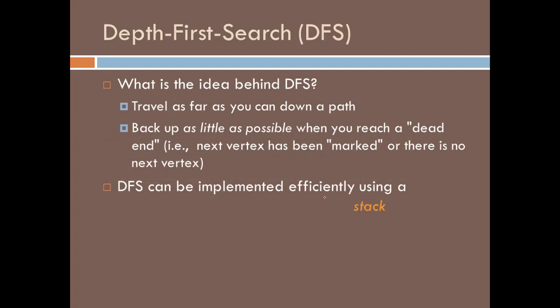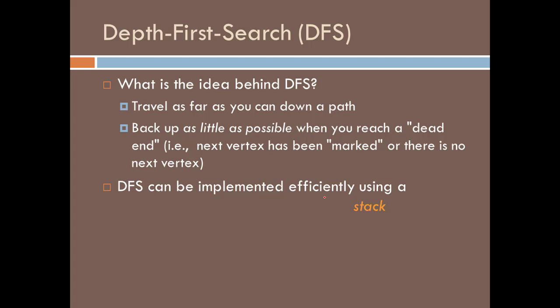So how does DFS, depth first search, work? What is the idea behind DFS? Travel as far as you can down a path. For example, start from one node and keep traveling as long as you can.